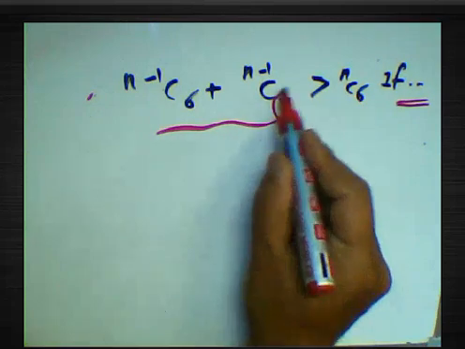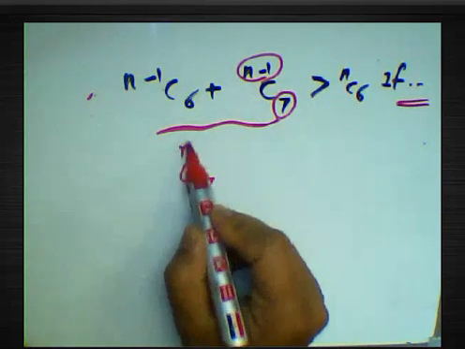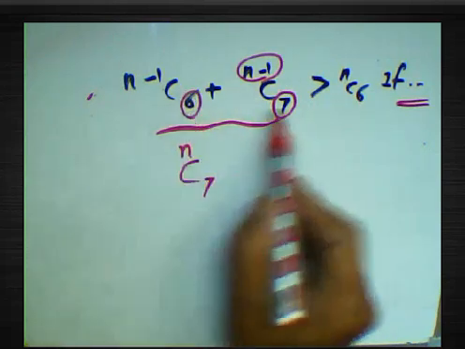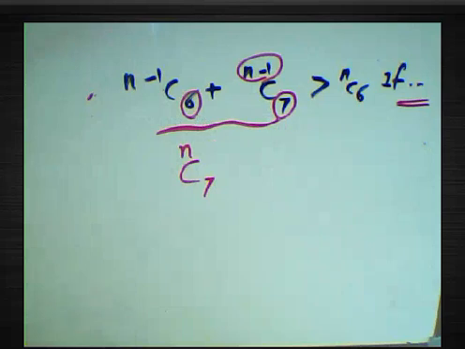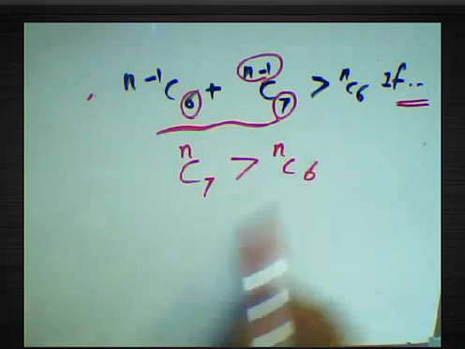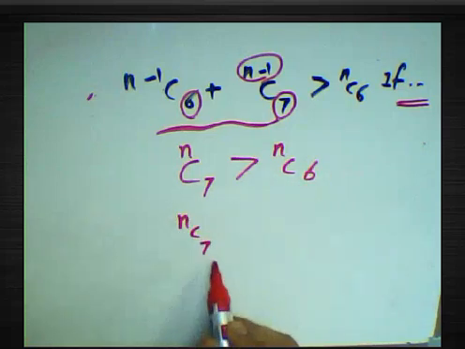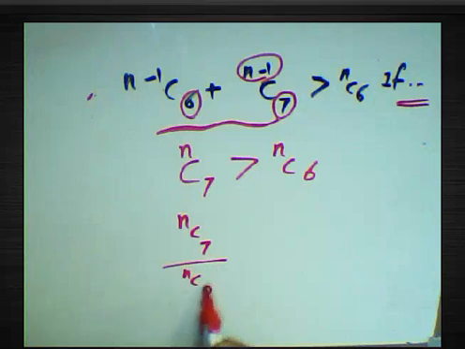We must choose the greatest base and add one to the top. It will be n, because we have 6 and 7 consecutively. It will be greater than n combination 6. We can divide: n combination 7 over n combination 6 will be greater than 1.